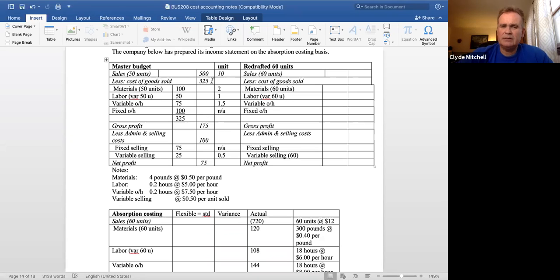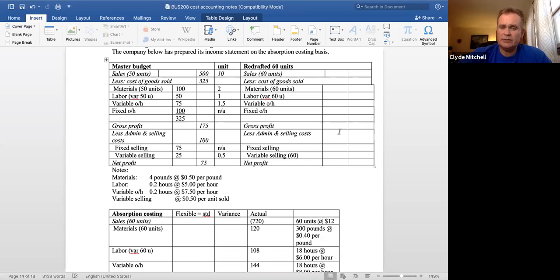And if we take the costs and revenue and we divide it by the number of units, we'll see that the selling price per unit is $10, the materials is $2, the labor is $1, variable manufacturing overheads is $1.50. Obviously, fixed is fixed. Our admin and selling cost, fixed is fixed, but the variable selling cost works out to 50 cents a unit.